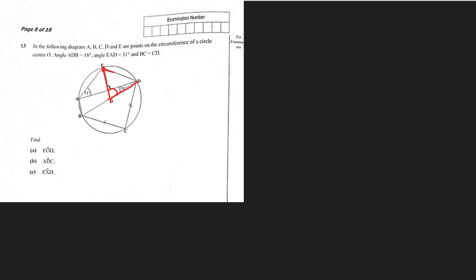One of the properties is that if you have a circle and a triangle attached to the circumference, and from the same base there is an angle going to the center, then the angle at the center is twice the angle at the circumference.